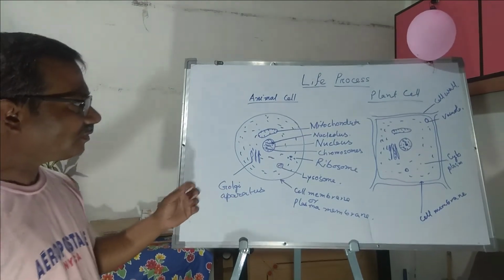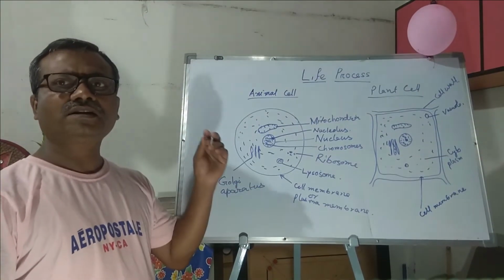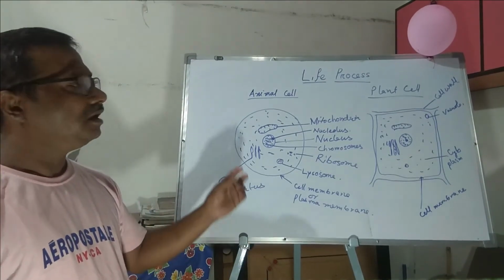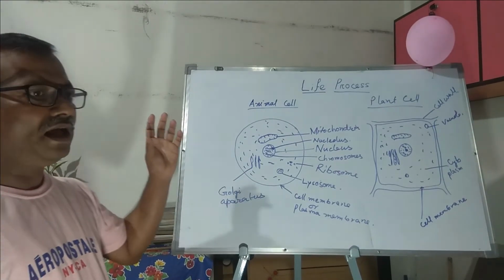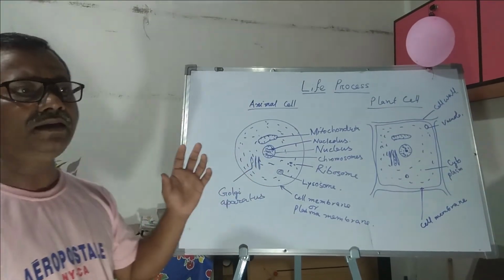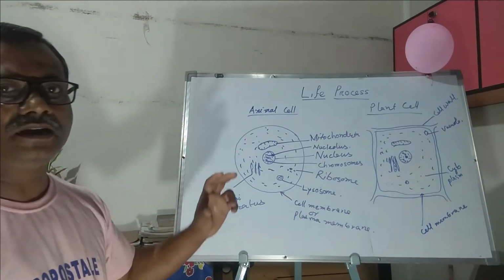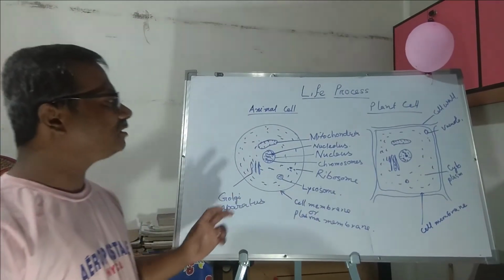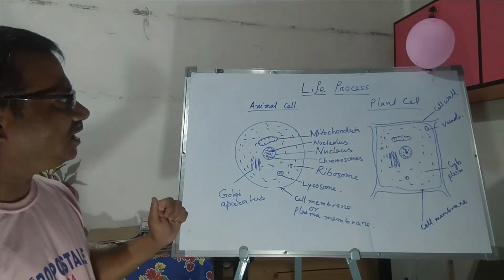The cell divides, the cell respires, the cell grows, the cell reproduces. So, all the activities performed by a living organism are performed by the cell. So, the cell is called the structural and functional unit of life. This is the difference between plant cell and animal cell.